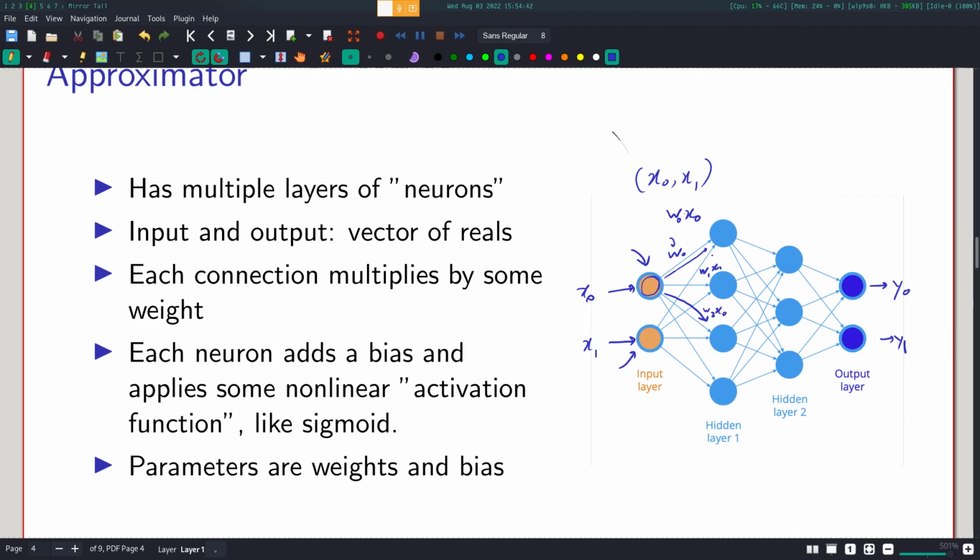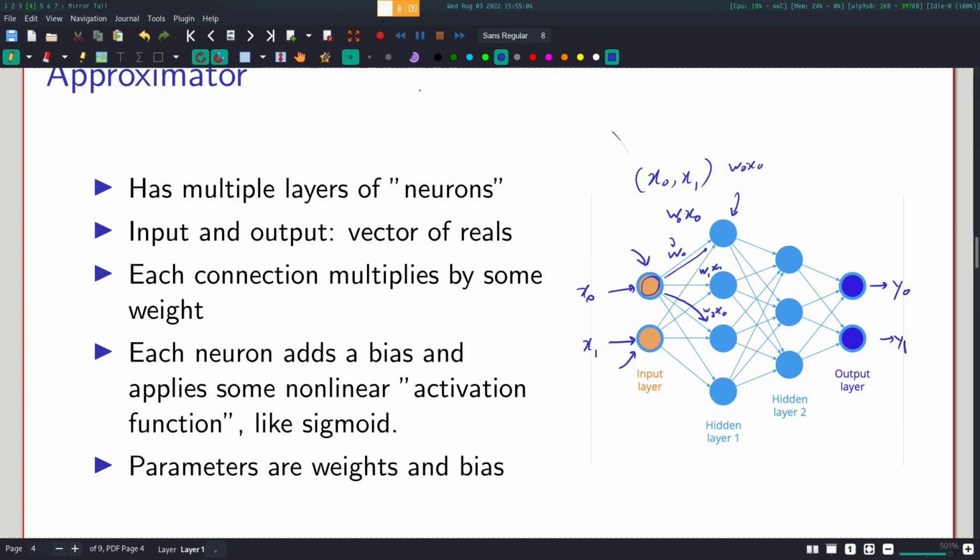So in this way, each one of these edges has some weight, and what you do is you pass the value through the edge and multiply by these weights, right? Then at this neuron, you now have multiple weighted values coming in, right? So you have W naught x naught coming in from this edge.